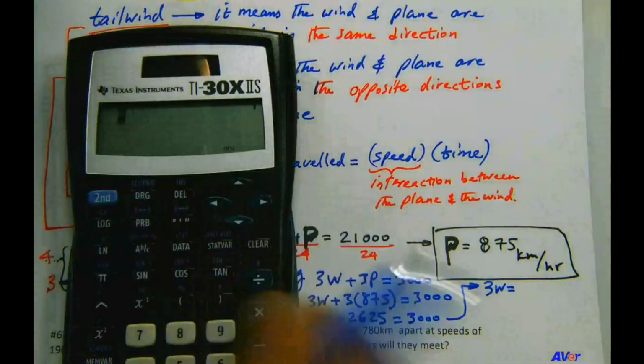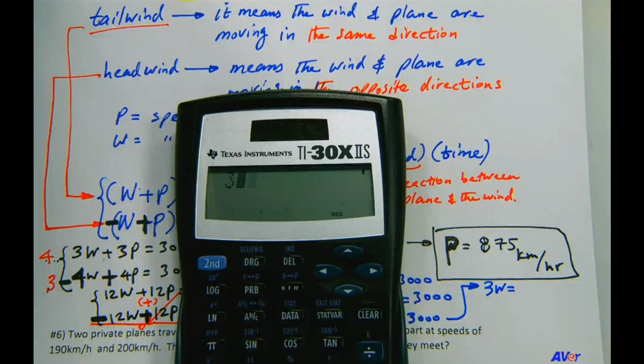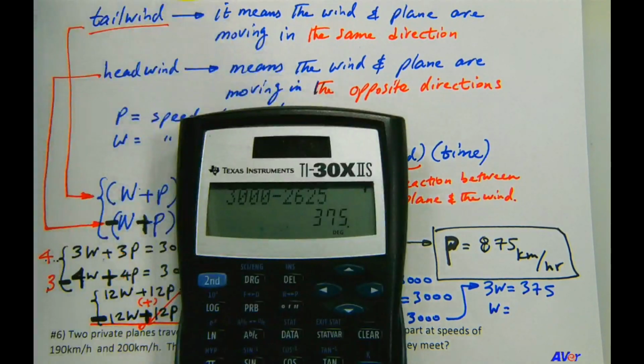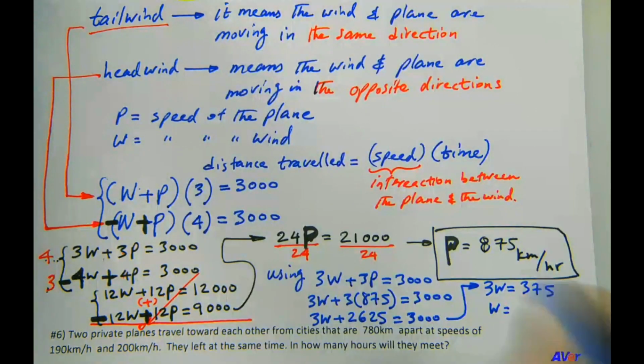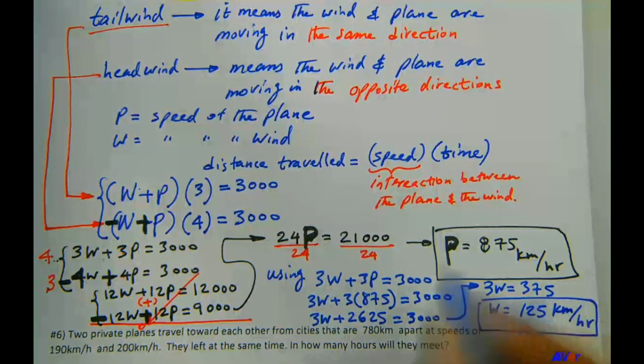Let me calculate that, 3,000 minus 2,625 is 375, and then the wind speed is 375 divided by 3, which is 125. 125 kilometers per hour. So this is the wind speed, this is the plane speed. Okay, and that makes sense.